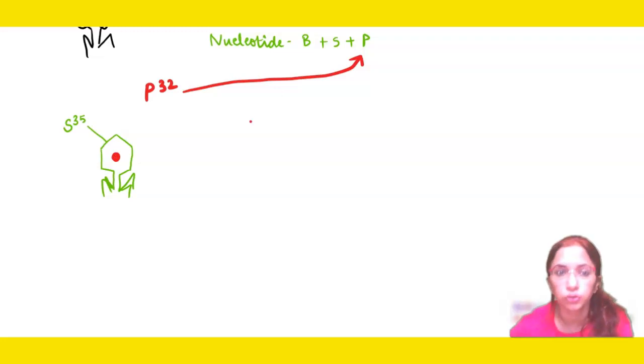So they used such bacteriophage and left it in the bacterial culture. Bacterial culture means when we artificially grow the bacteria in some nutrient medium, then we say we are doing the culturing of the bacteria.